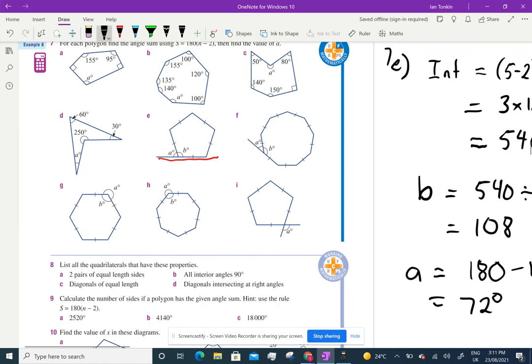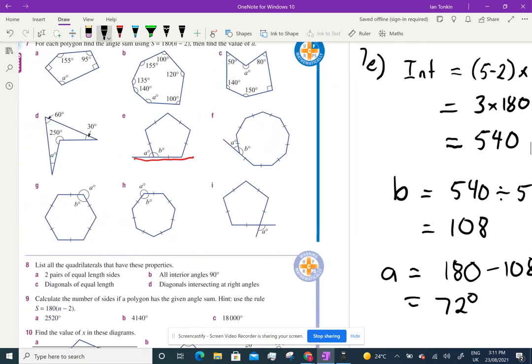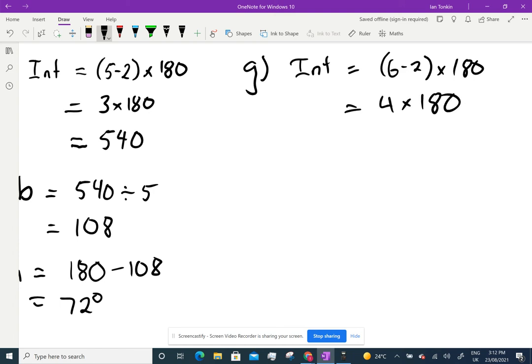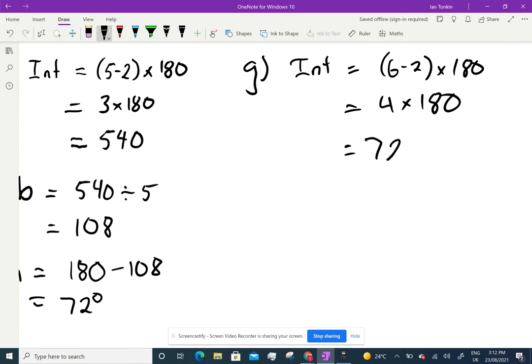If I then go to G, again, how many sides has it got? 6, it's a hexagon. So the interior angle sum equals 6 minus 2 times 180, which is 4 times 180, $720.